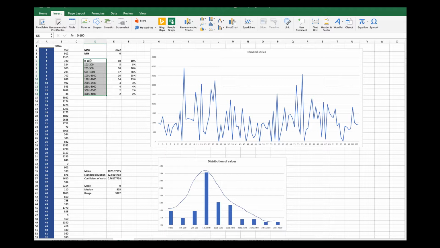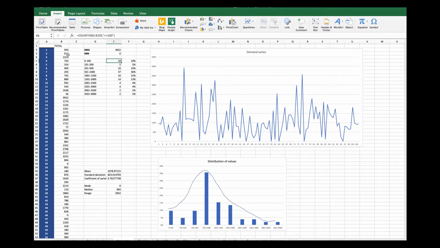What I do is define these intervals and then, using the COUNTIF function, I'm telling Excel to count, okay, please, this is the demand series, please count the values of the demand which are lower than 100 lots of 12 cans. Count all the values that are lower than 200 but higher than or equal to 101. Count all the values that are lower than 500 and higher than or equal to 201, and so on.